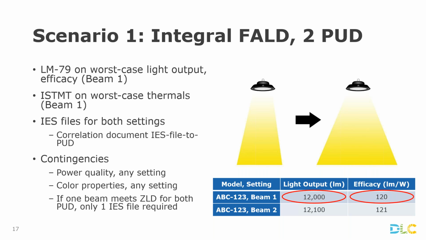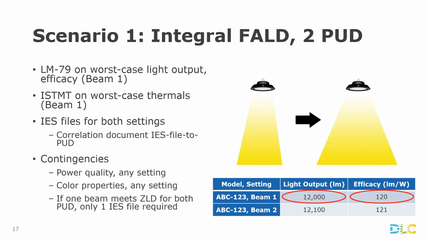For simplicity, let's also assume that the beam 1 setting is slightly hotter for the hottest LED in the product, and therefore is worst case thermally. That setting would then also need to be tested for ISTMT. The third bullet here is what would be needed for the IES files in the submission.